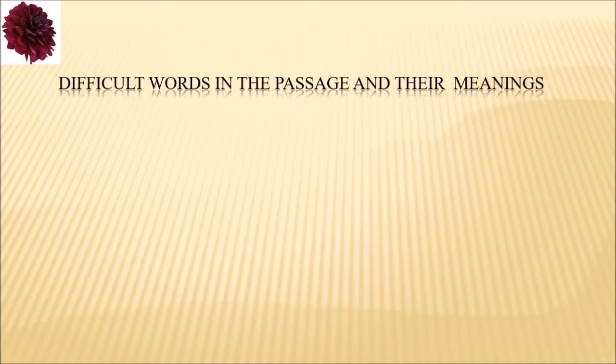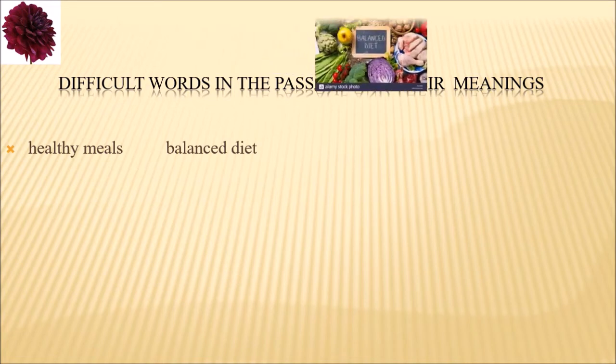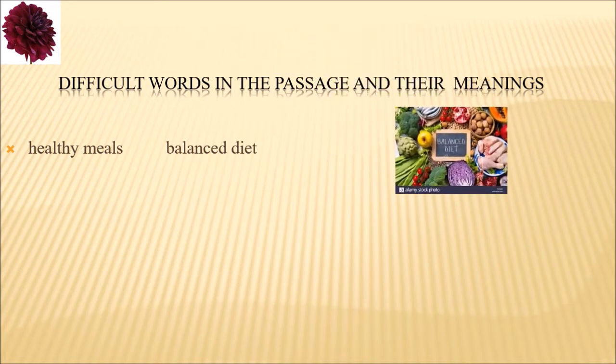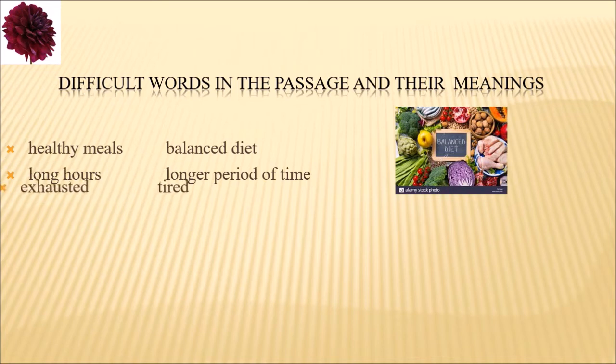Dear students, now you have read the paragraph. Let's take out the difficult words and I will explain their meanings. Number 1, healthy meals means balanced diet. Balanced diet that includes everything like rice, bread, vegetables, meat, etc. Long hours means longer period of time.